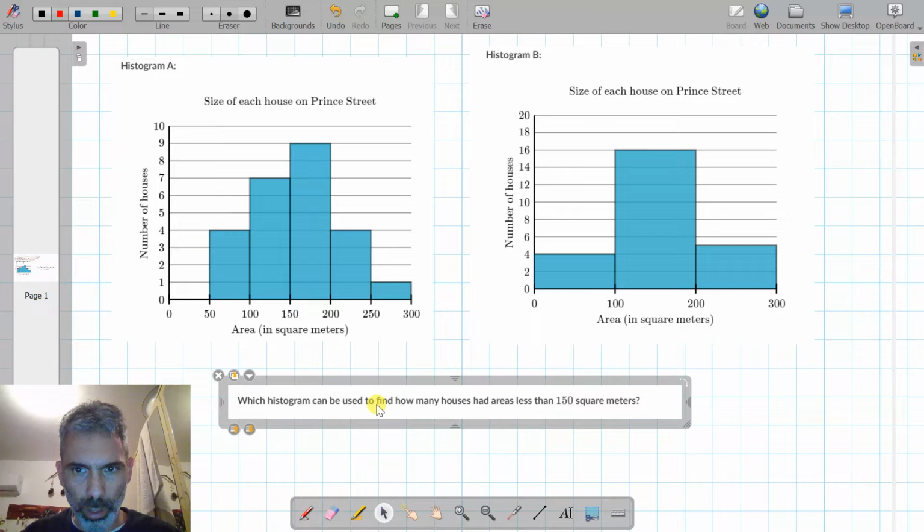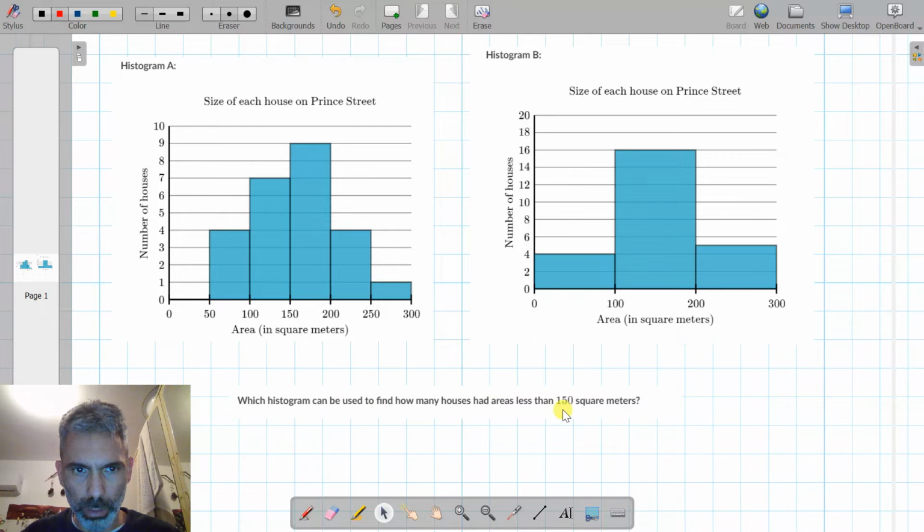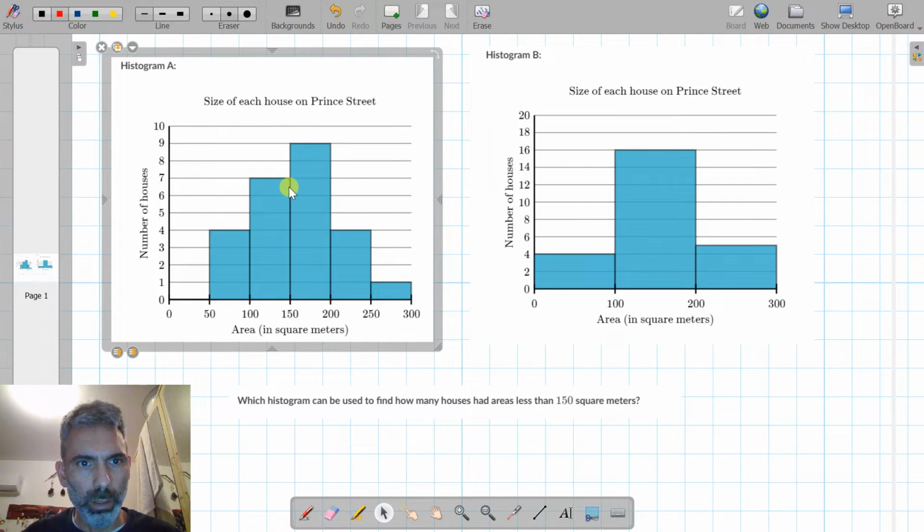Okay, so obviously histogram A, because the brackets of histogram A have a size of 50.